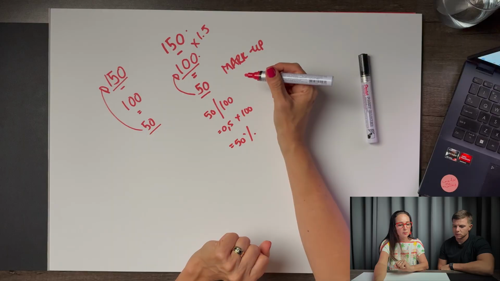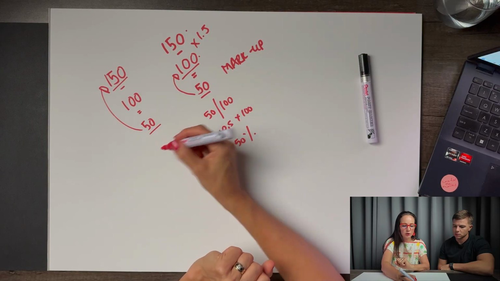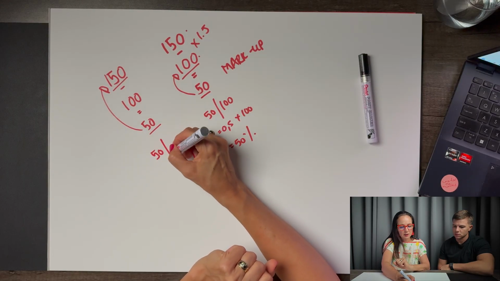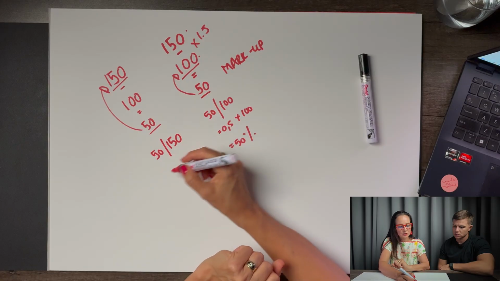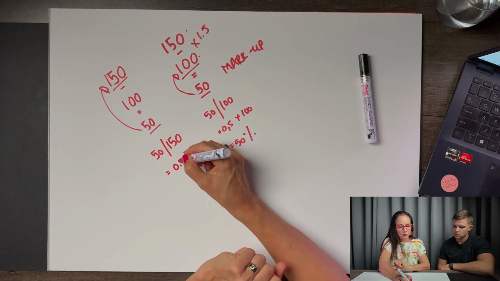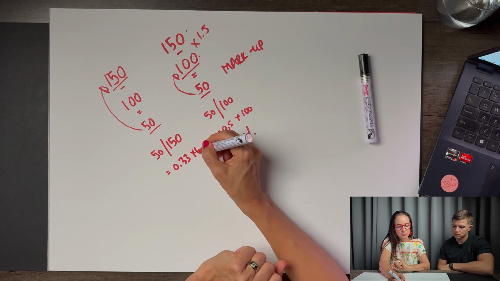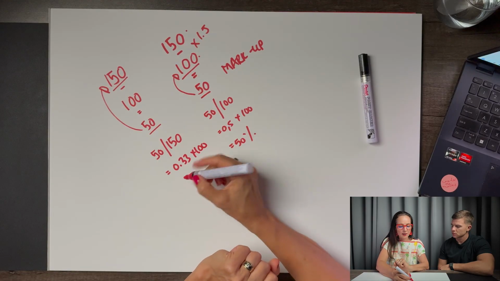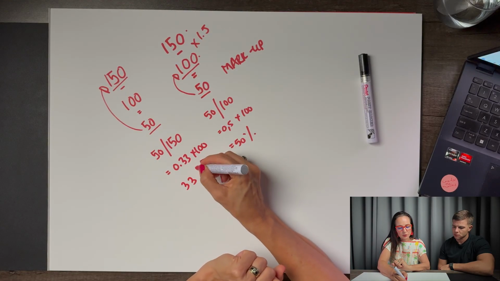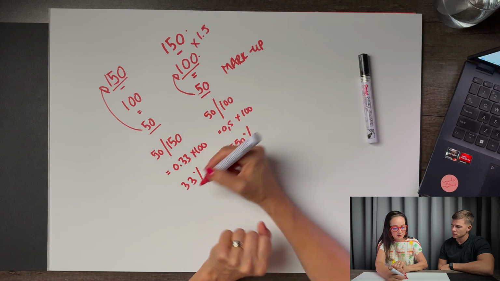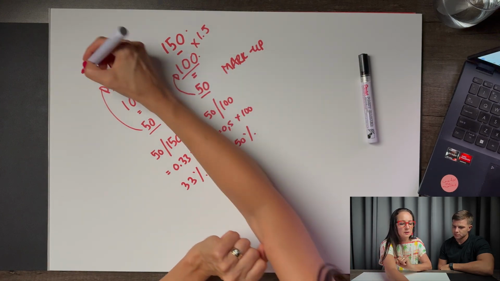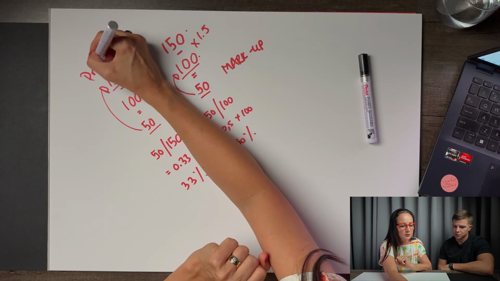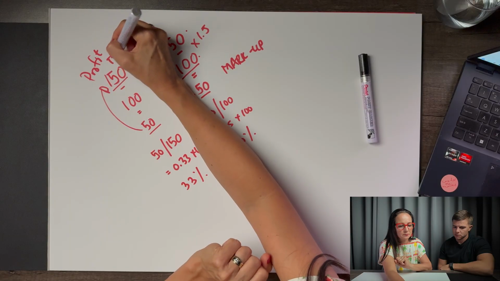So we say 50 Rand divided by 150, and that gives you 0.33. In order to get a percentage, we multiply it by 100. So our profit margin is 33%.